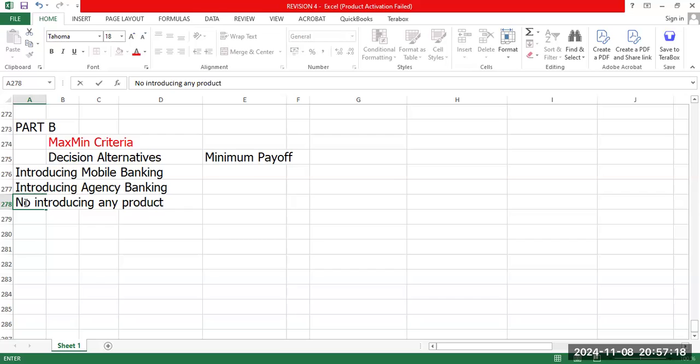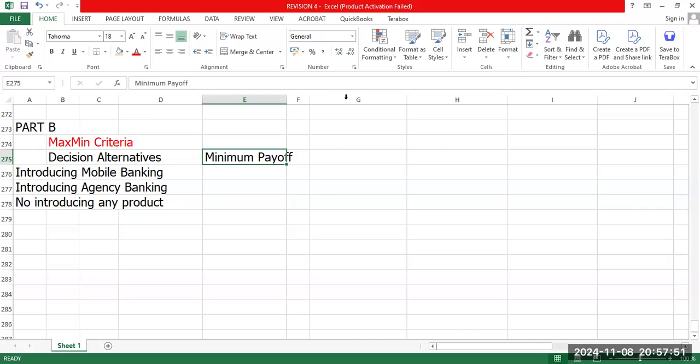That is another alternative, or based on the existing product. So we identify the minimum payoffs. These are your payoffs. Remember I said payoffs are what we call expected profit, be it net profit or net loss.